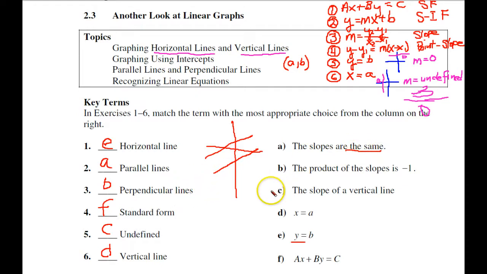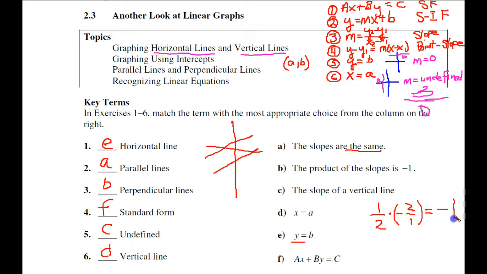Perpendicular lines, and we'll be going over that as we go through the lesson, or we've done it, depending when you view this, is if we have the slope of one is, let's say, 1/2, and the slope of the other line is a -2 over 1, and you were to multiply these slopes, the product of that is a -1.